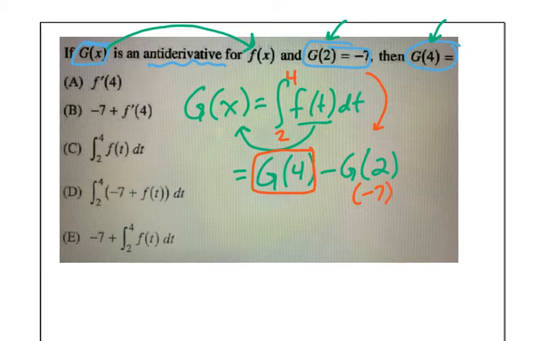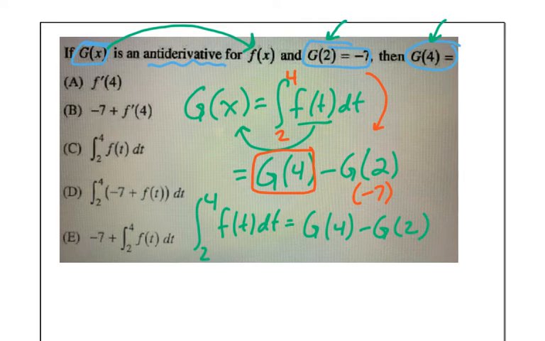Okay, that means if I rewrite everything here, the integral from 2 to 4 of f of t dt should be the antiderivative evaluated from 2 to 4. Meaning the integral from 2 to 4 of f of t dt equals g of 4, which I don't know and I'm going to search for, minus g of 2, which is -7.